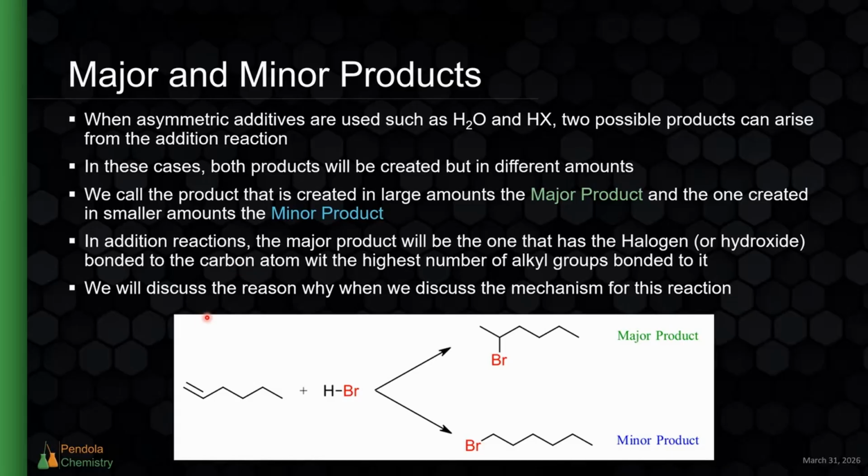So when I say that we have two possible products here, the 2-bromohexane and the 1-bromohexane in this case, so this is a different reaction actually. So here we have 1, 2, 3, 4, 5, 6. So this is 1-hexene. When 1-hexene reacts with HBr, we get the possibility of two products. We can either get 2-bromohexane up here, or if the bromine is added to the first carbon, we will get here 1-bromohexane.